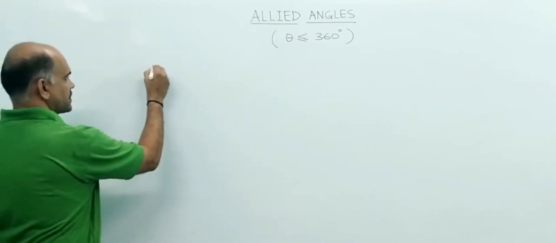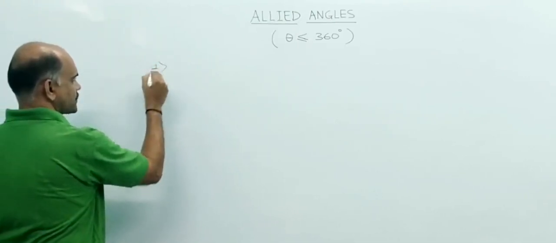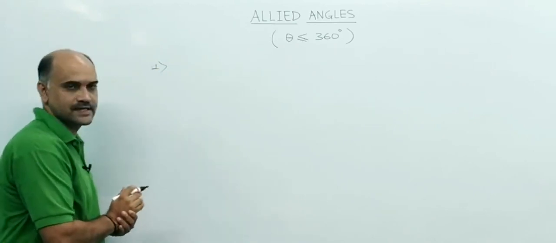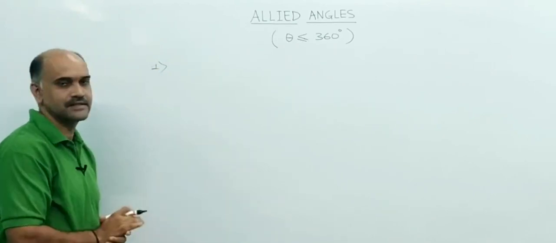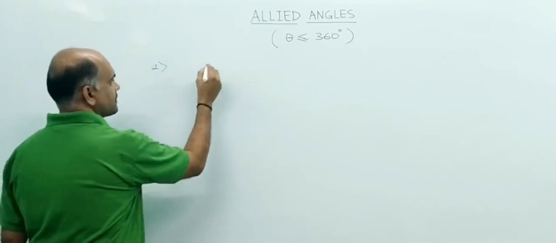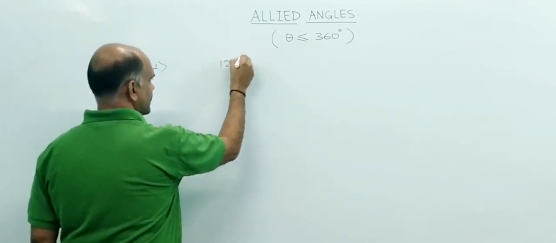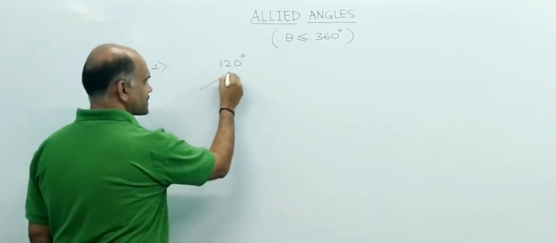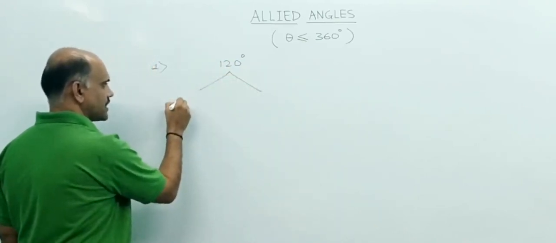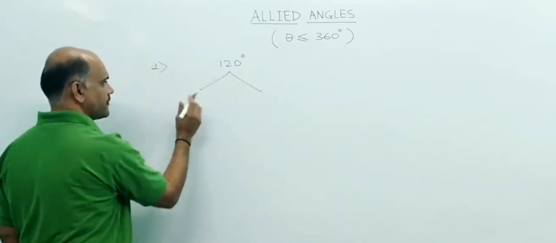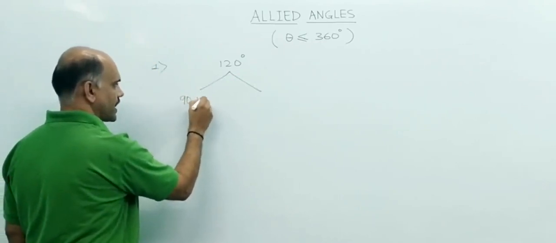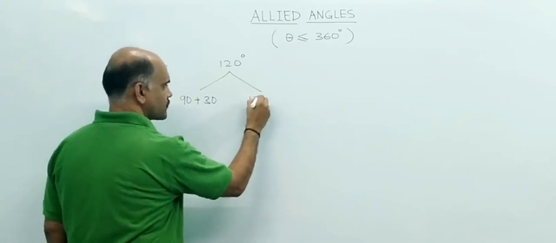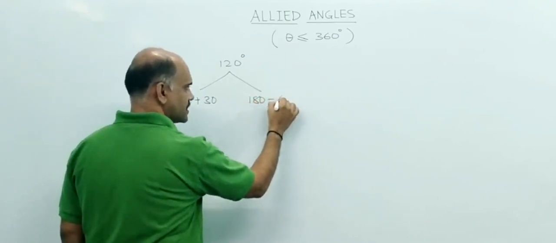So first one, suppose the angle is greater than 90 and less than 360. For example, I will take 120 degree. This can be expressed as 90 plus 30, or it can be written as 180 minus 60.